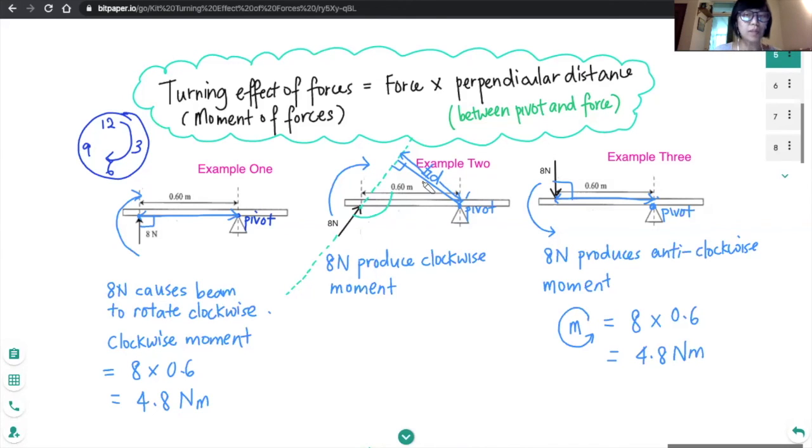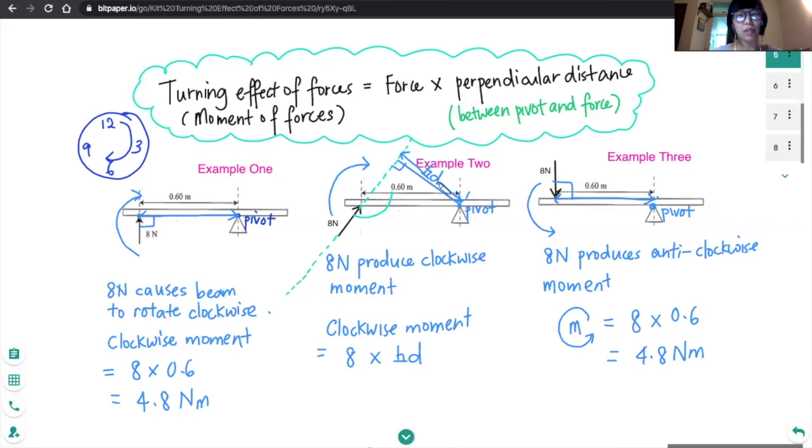So I can't use my 0.6 meters for the calculation of moment for 8 Newton in this case. Instead, I will have a different distance because that will be the perpendicular distance. I didn't have the value here, so I just want to illustrate this example. If you had the value and you wanted to calculate it, you would take 8 Newton multiplied by that particular perpendicular distance.